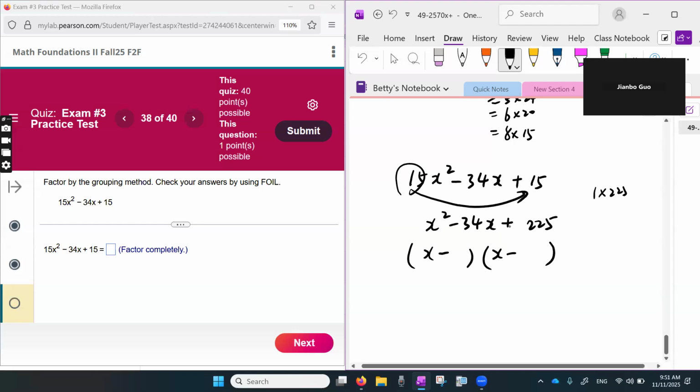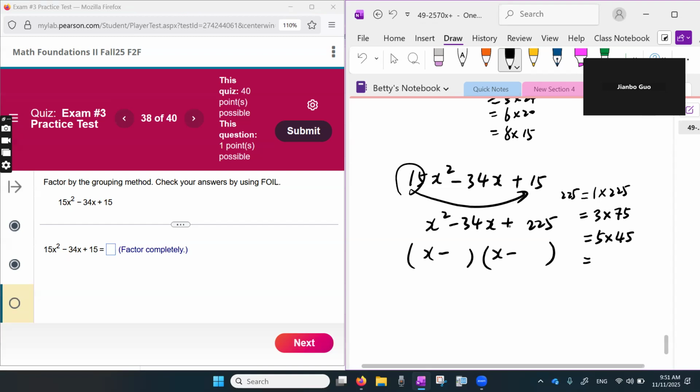Let's see which two numbers. 2 doesn't work. 3 times 75. 4 doesn't work. 5 times 45. 6 doesn't work.